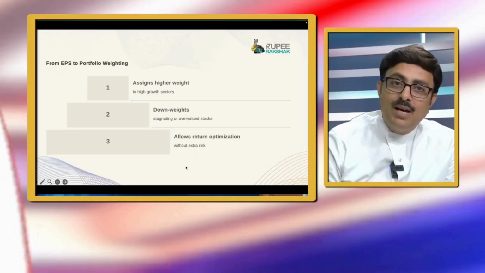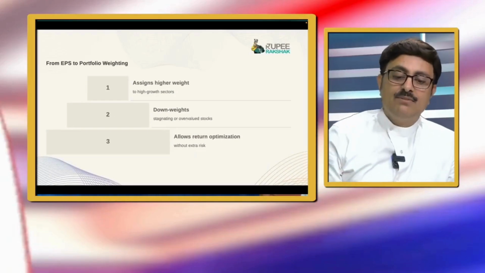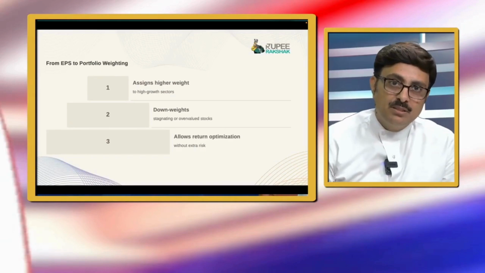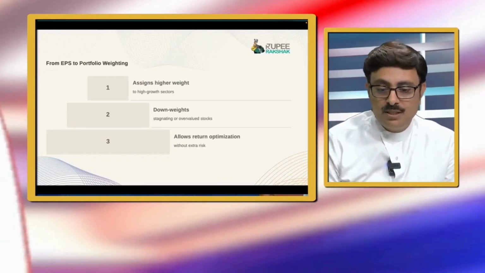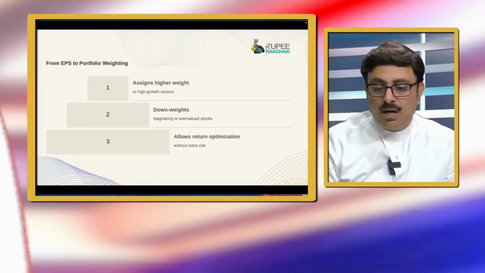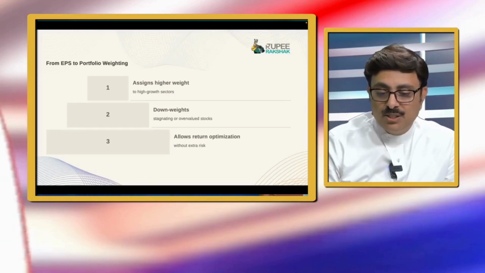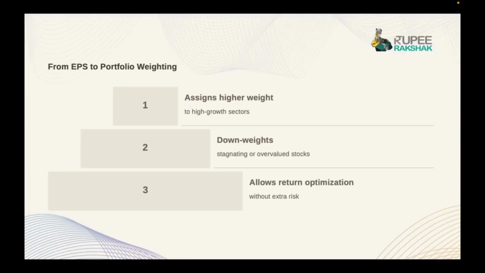If the customer is expecting high returns, allocation is automatically given to high growth sectors in the portfolio, and it down-weights stagnating or overvalued sectors or stocks, reducing the amount of money invested in that particular stock basket, and also allows for return optimization without extra risk. So that is the core thing. Without adding risk, it optimizes the returns.